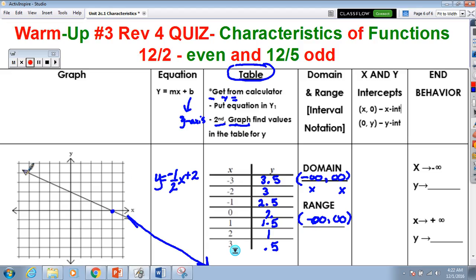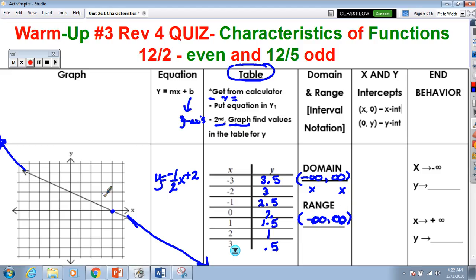But it also keeps going this direction, which means it keeps going up to the sky and beyond. And the biggest number ever is positive infinity. So the line keeps going on and on forever. That's what negative and positive infinity represent.